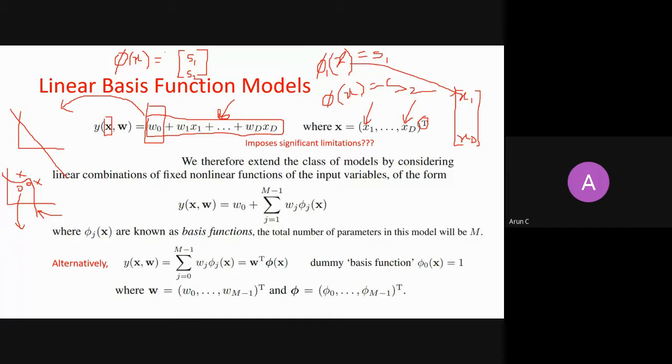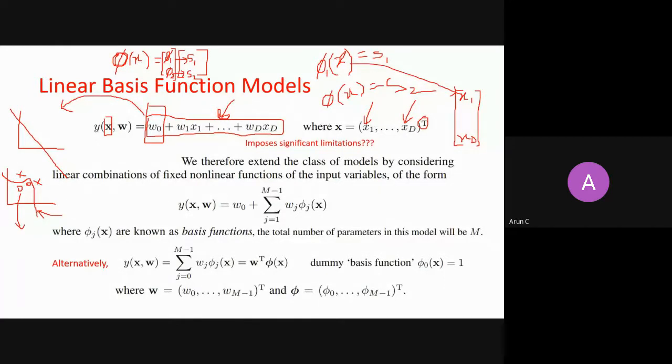Because this basis vector can be seen as basis 1, basis 2. So here it is of two dimensions. You feed x to both basis functions and you will get s1 and s2. So in general I have used this basis as a vector of functions. You feed x to each of the functions and you get some scalar value, s1 and s2.